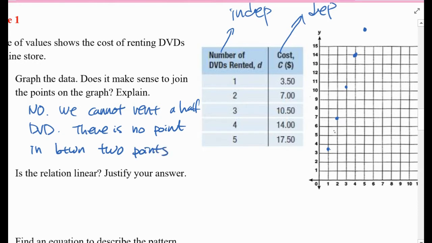Therefore, we do not join the points. And that's called discrete data. Usually, countable data are discrete data. So you can count the DVDs 1, 2, 3, 4, 5. The number of DVDs is countable. That is discrete data.